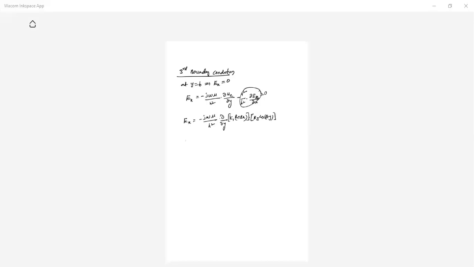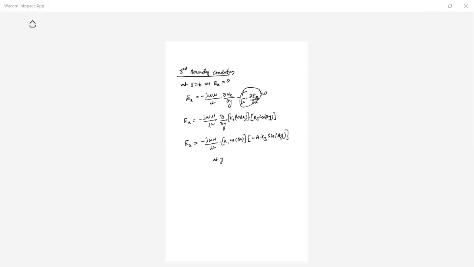So then Ex is equal to minus j omega mu by h square, with only the partial derivative of y here. So this is k1 cos bx into minus a into k3 sin ay. Okay, so now what is our equation?